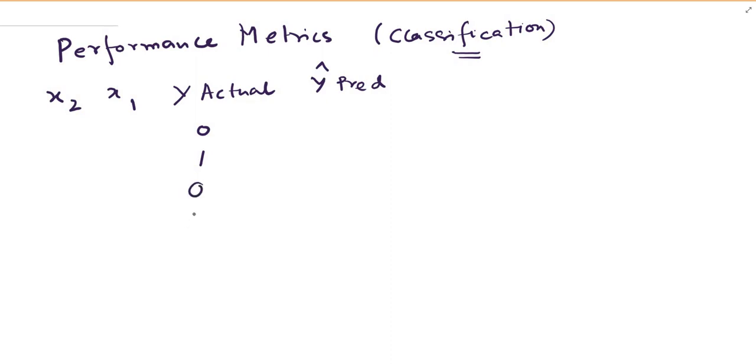Okay, so let's consider I have a real data where my y actuals are something like this, but after the model training I am getting output something probably like this: 0 to 0, 1 to 1, probably these are right, 0 to 1, or probably 1 to 0.